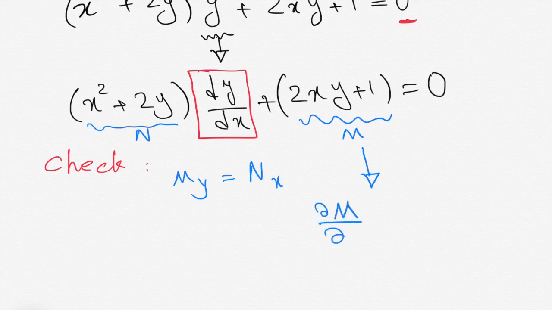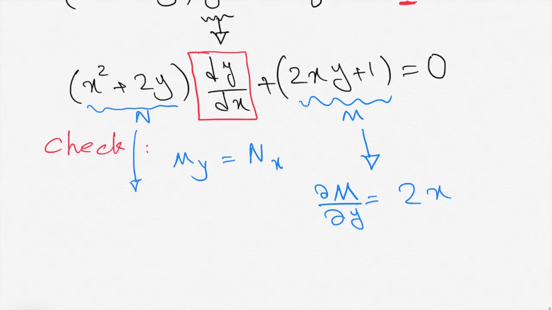This is m, and what is this? We can forget about one part, and this is equal to just 2x, right? And how about this part?